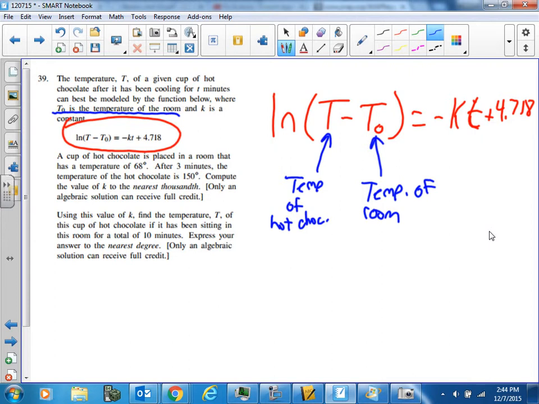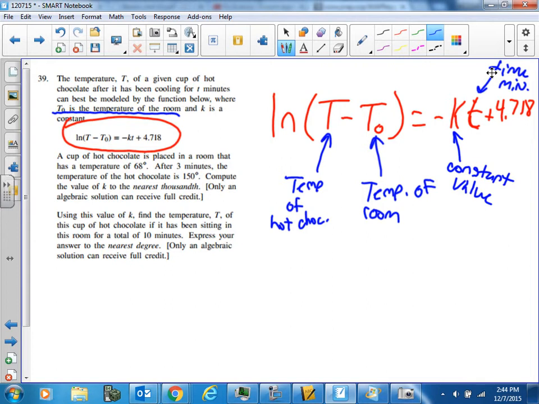The K is the constant, so that's a constant value. And the t stands for minutes, so time. Time in minutes. All right, so we have 4 different things here. You need to have at least 3 of them to find the other one.